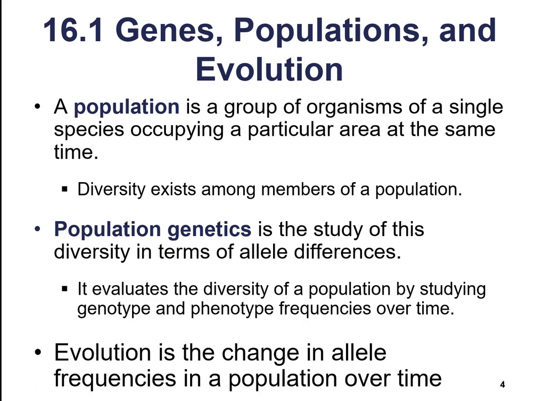And so when we're talking about population genetics and what these geneticists do, think about evolution as a change in the allele frequencies in a population over time. Remember, we talked about alleles before, whether you have that dominant allele versus a recessive allele. This is particularly important if you think about genetic disease, right?